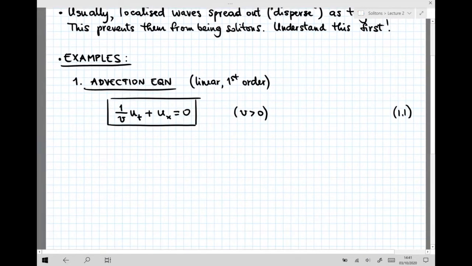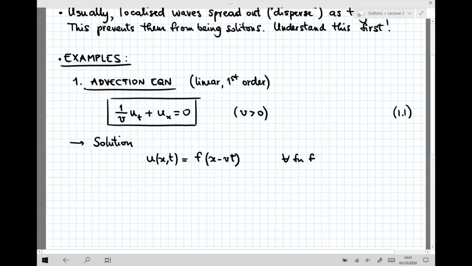So it's quite easy to find the general solution of this equation, which is u as a function of x and t. The equation actually tells us that this depends on x and t only through their combination x minus v times t. So this holds for any function f.